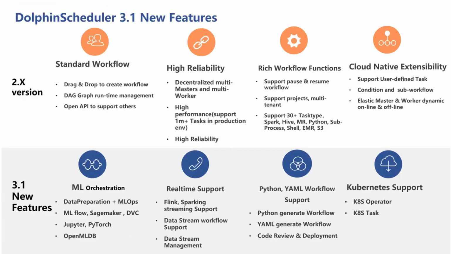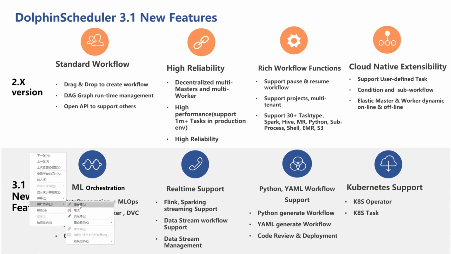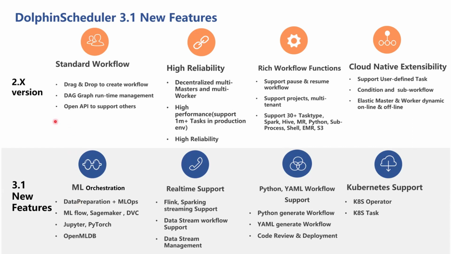Okay, so before we dive into the new features, I want to spend a very short time to tell you about the previous 2.x version of DolphinScheduler. As you know, the 2.x version is also a very successful product that has been used by many great users in China.